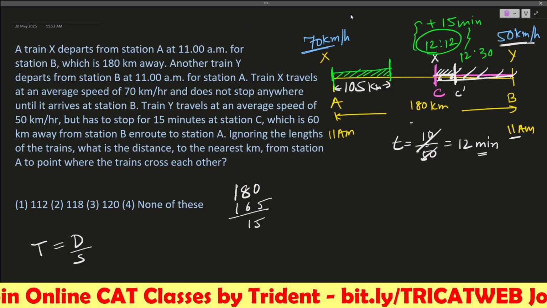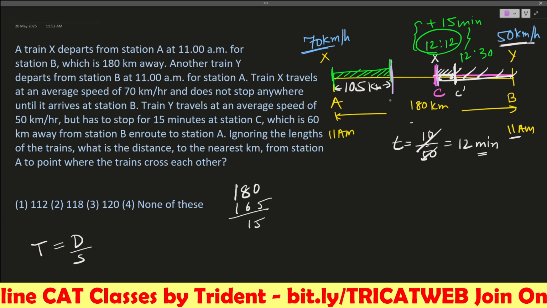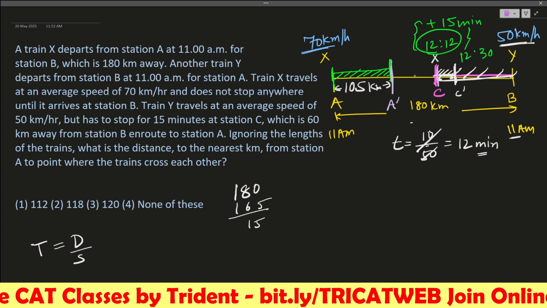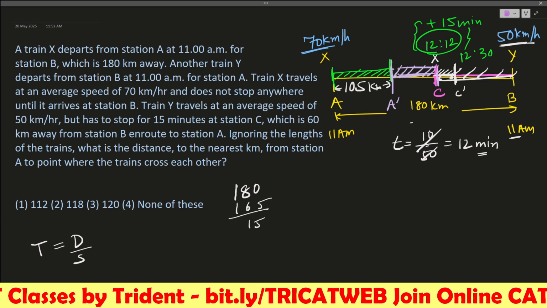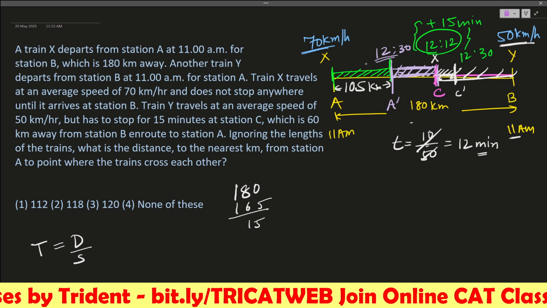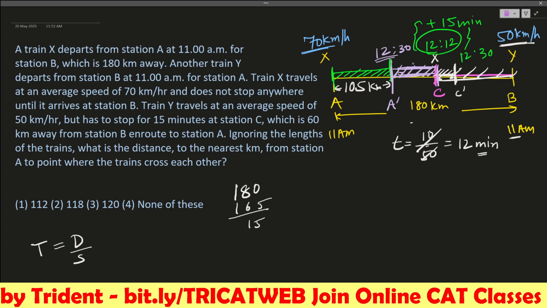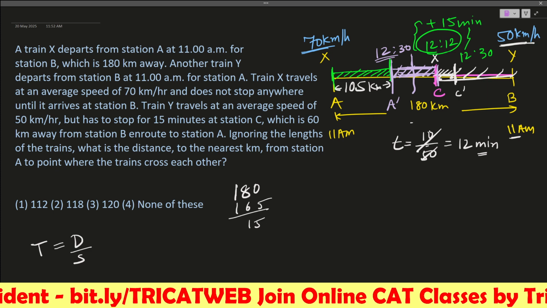In other words, from location A dash to C is a 15 kilometer distance from 12:30. So obviously they have still not started crossing. Somewhere over there they will start crossing. How do we calculate that?